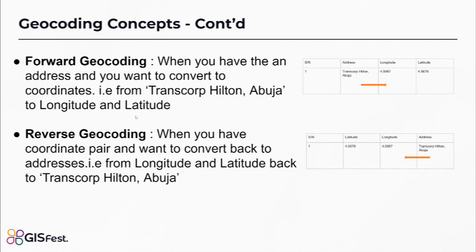So that's forward geocoding. Then the second one is reverse geocoding, which is the inverse of forward geocoding, when you have coordinates and you're trying to convert them to addresses. For example, in my current line of work in the electrification and energy industry, developers that install mini grids in settlements go to those settlements for reconnaissance surveys and stuff like that.